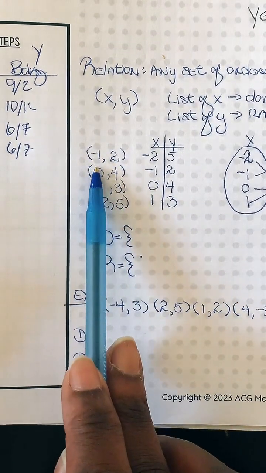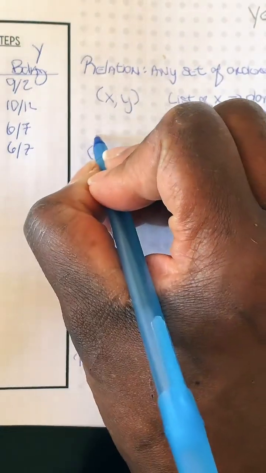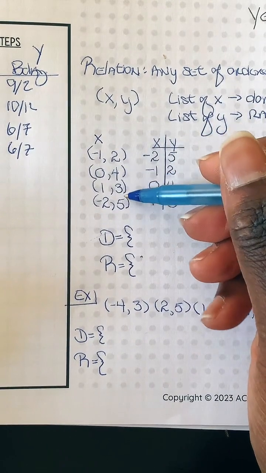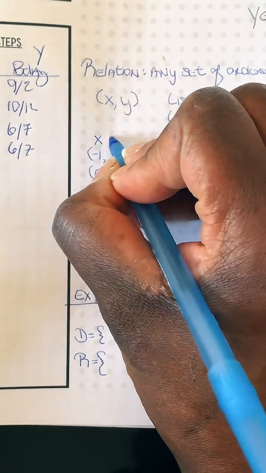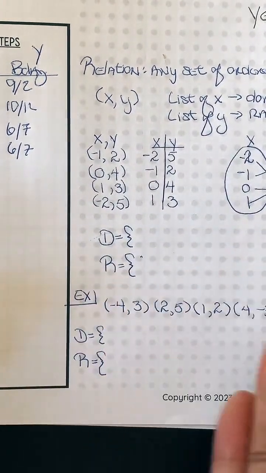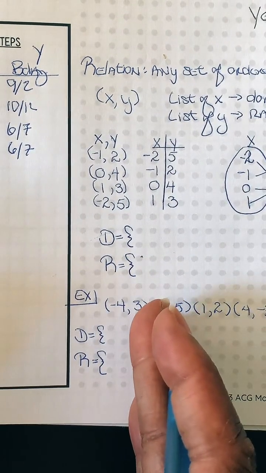The first number in your parentheses is always your x value. The second number in your parentheses is your y value. Think of the alphabet, x, y, z. So x comes before the y's.